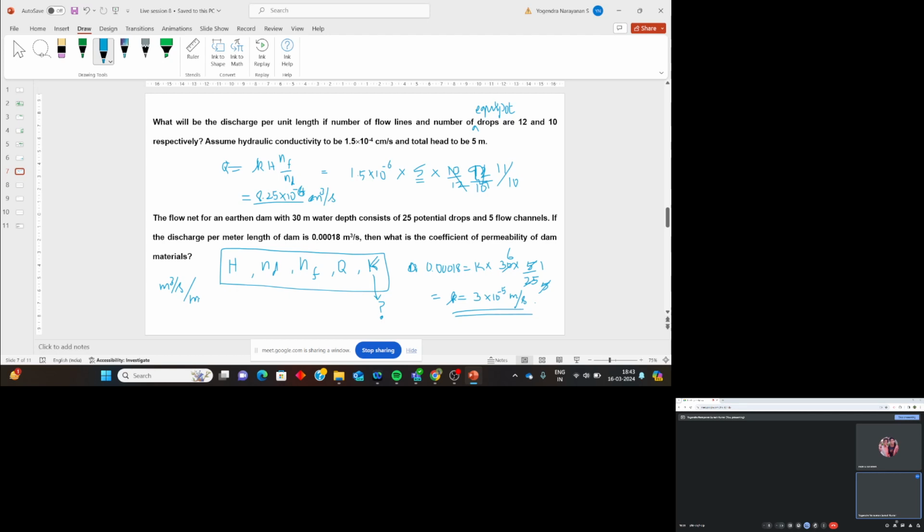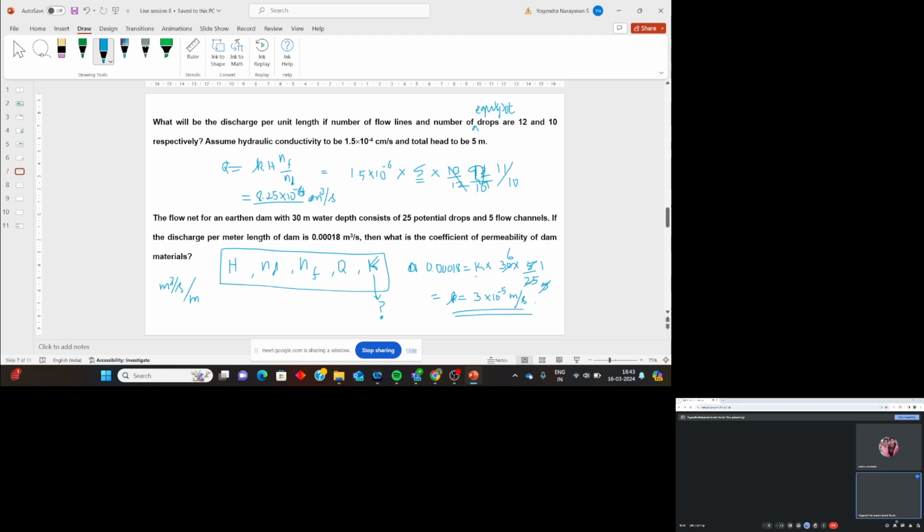Generally people tend to cancel this meter and write meter square per second, but physically you should not do it. It will be meter cube per second per meter only.